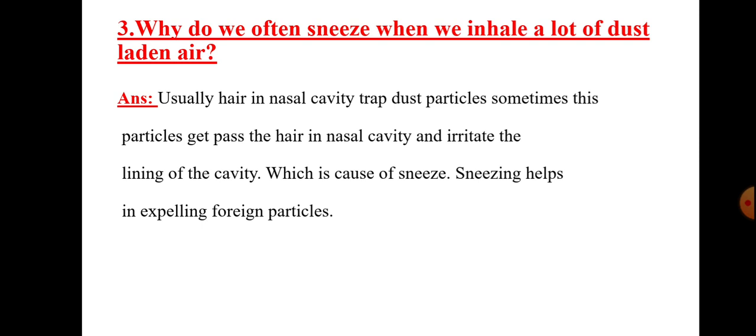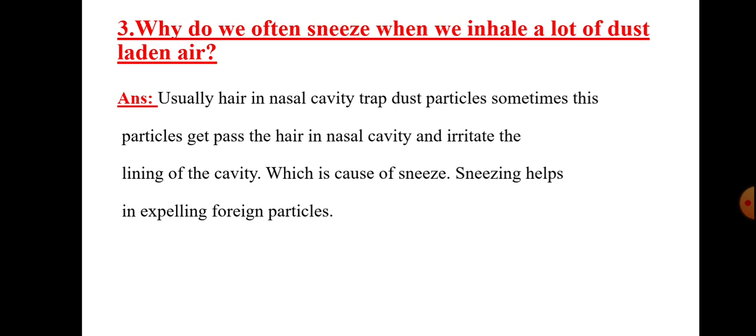You already studied that in our nasal cavity some hairs are present. But sometimes these particles get past the hair in the nasal cavity and irritate the lining of the cavity, which is the cause of a sneeze.